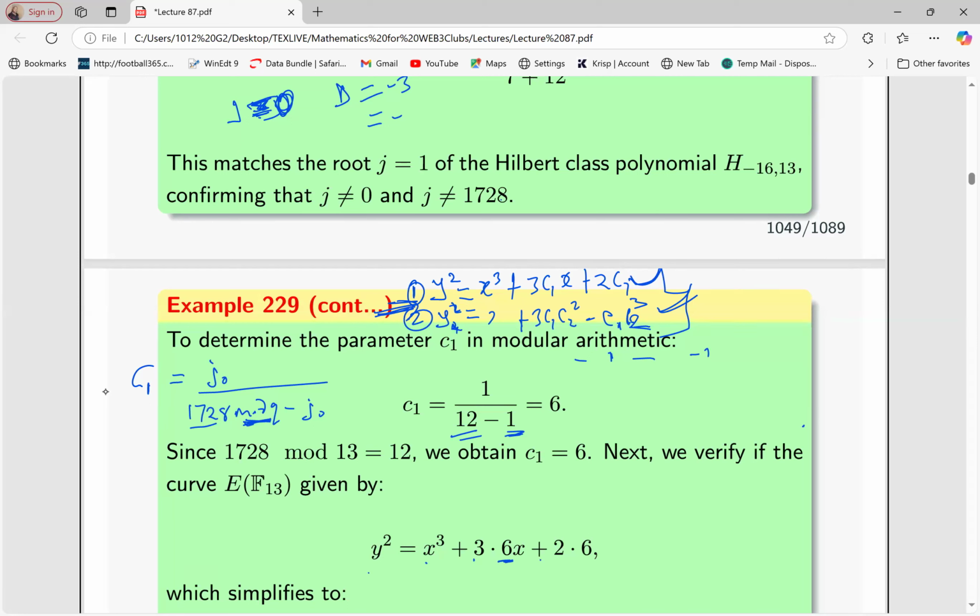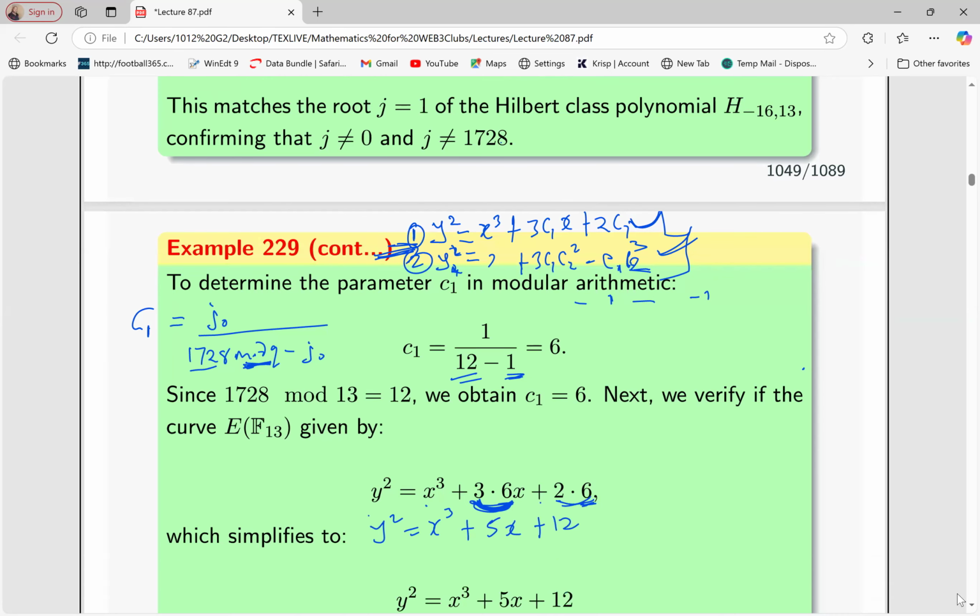This is 18 mod 13, and this is 12 mod 13. So this is the equation we come up with.